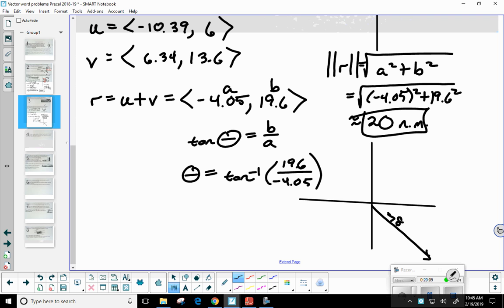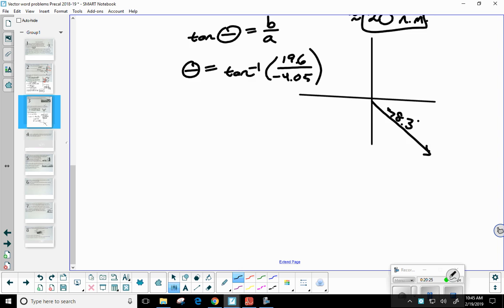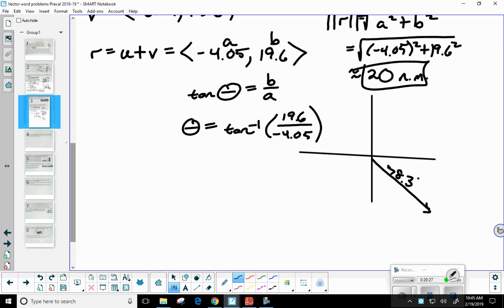I'll just go ahead and put 78.3 degrees, because remember it has to rotate from the standard position into that quadrant. But we know, especially if you were to do this graphically, the resultant is going to end up in quadrant 2. You may have done this similarly on your homework for a few problems. If I extend the line back over here, then this would be 78.3. Well, what I'm looking for is this measure right here.